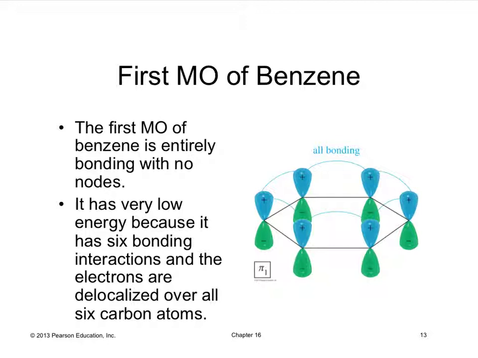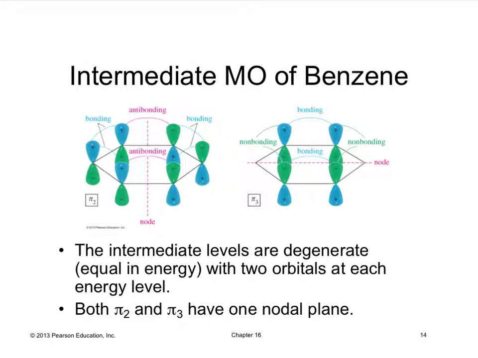If we look at the first molecular orbital of benzene, it's entirely bonding with no nodes. All of the bonding orbitals are overlapping, and it has very low energy because it has 6 bonding interactions, and the electrons are delocalized over all 6 atoms. The intermediate molecular orbitals, pi 2 and pi 3, have a node going vertically and horizontally.